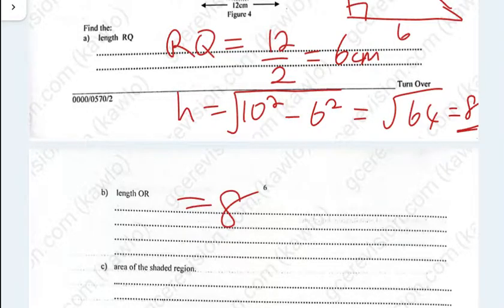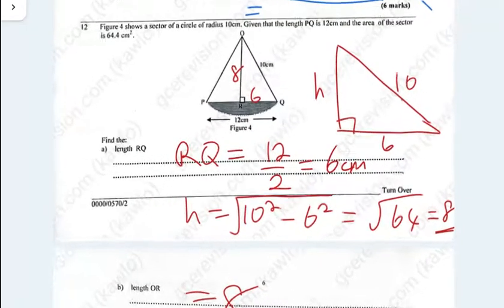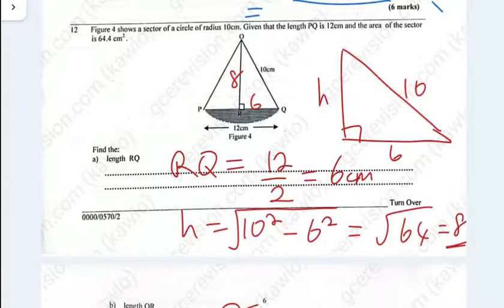The area of the shaded region. So how do you find the area of the shaded region? Good. We know that the area of this complete sector is 64.4 centimeters squared.